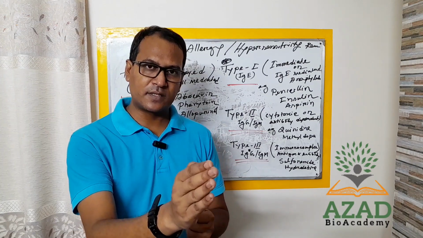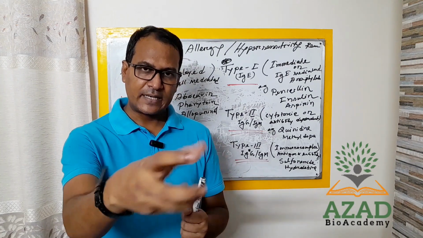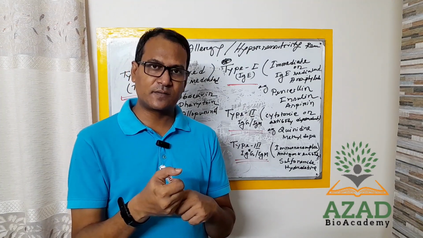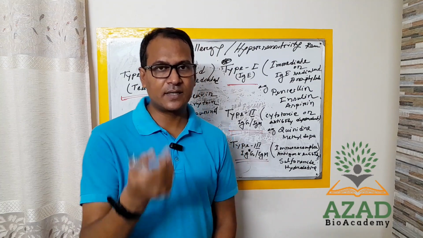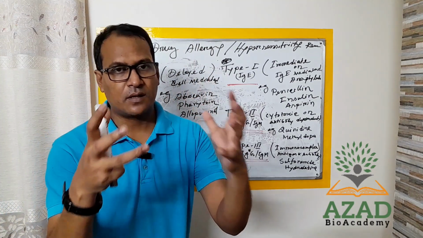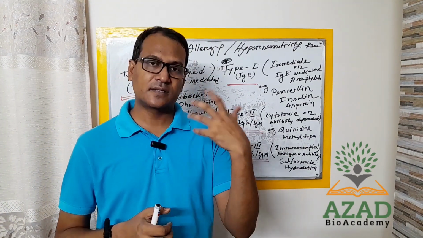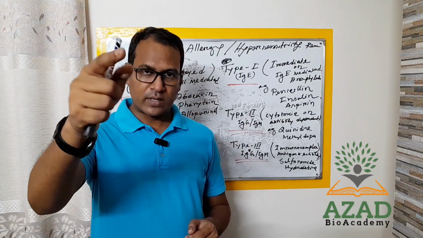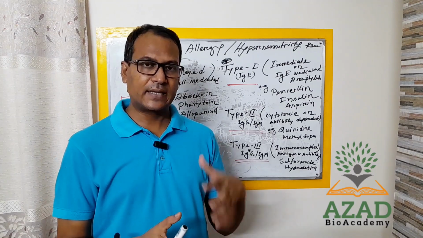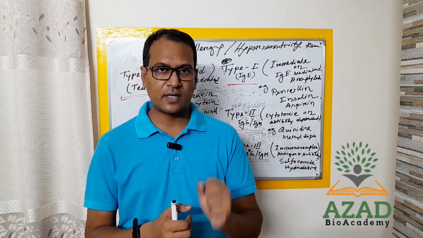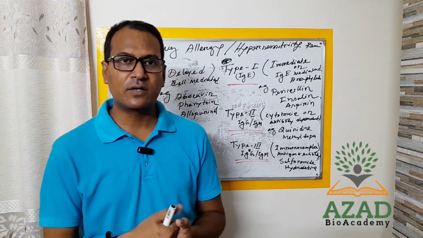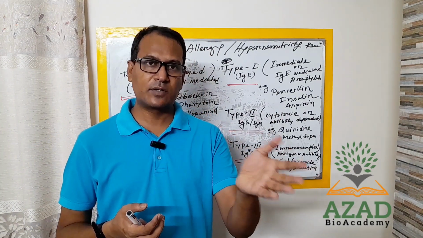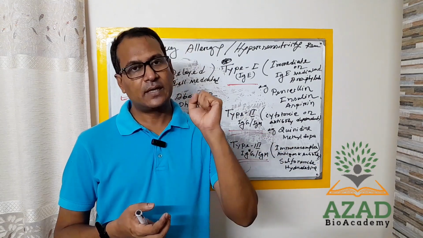T cell will be activated by the antigen presenting cell, that is macrophage, and then helper T cell will secrete cytokine, basically interleukin 4 or interleukin 13, and that cytokine will activate the B cell. And when the B cell is activated, it will produce antibody, that can be IgG, IgM, IgE, like that.